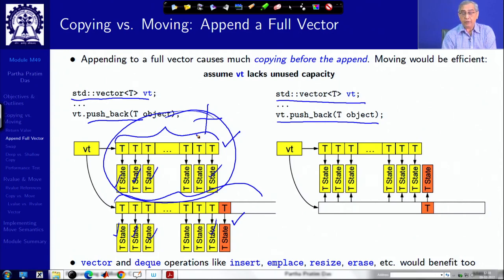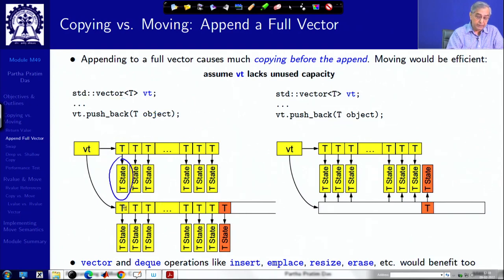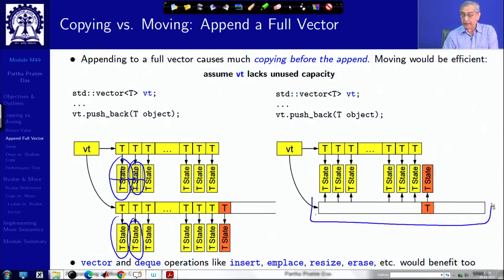So, why not we do a move, that is, we do not copy and construct the object and delete the earlier one. Instead of taking this, making a copy, deleting this, taking this, making a copy, deleting this, I will just have the new vector allocation and let those existing objects become part of it without actually doing a copy, just moving the entire thing.